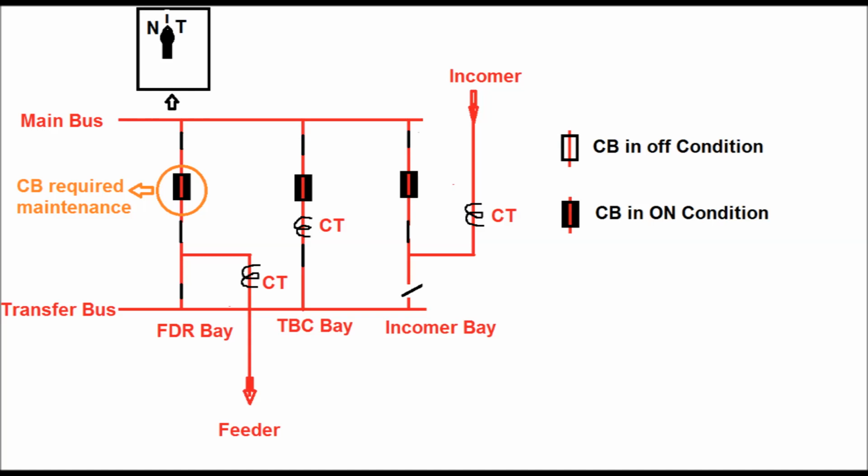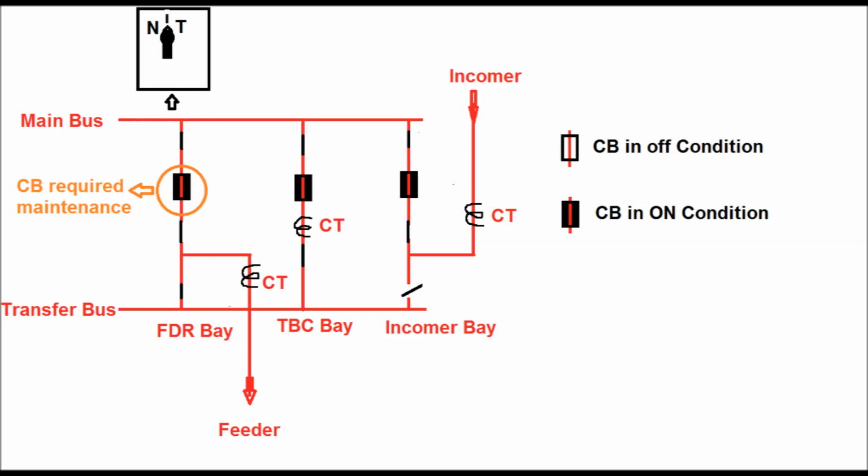In each feeder bay and incomer bay, there exists a normal inter-transfer switch, from which the switching of the circuit breaker can be done. If it is in the normal position, then the own bay circuit breaker can be closed. If it is in the inter-transfer position, then the TBC bay circuit breaker can be closed.